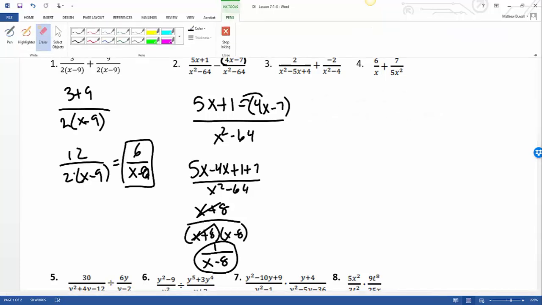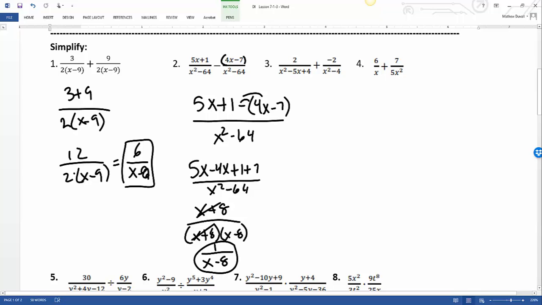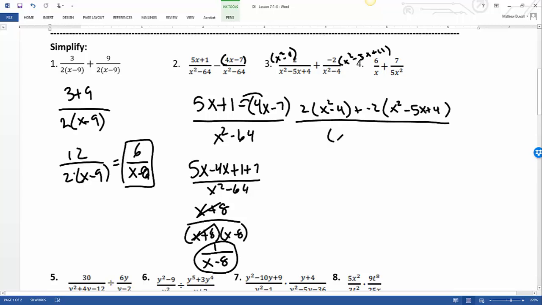So that means, coming back to it, I should just multiply this by x squared minus 5x plus 4, and this by x squared minus 4. So 2 times x squared minus 4 plus negative 2 times x squared minus 5x plus 4 all over x squared minus 4, x squared minus 5x plus 4. It's just easier that way.